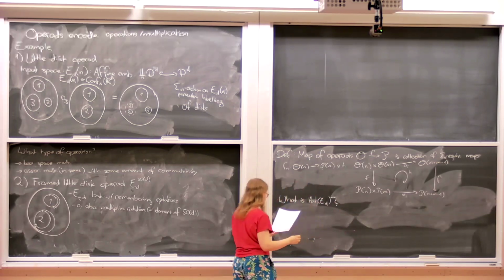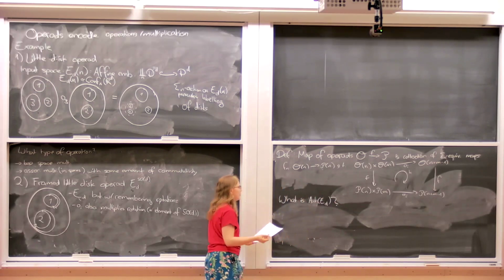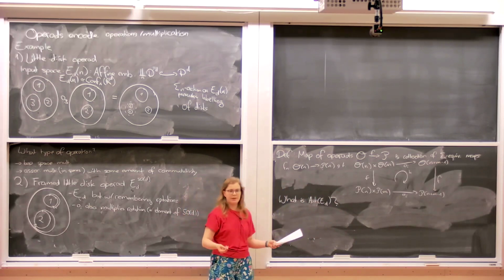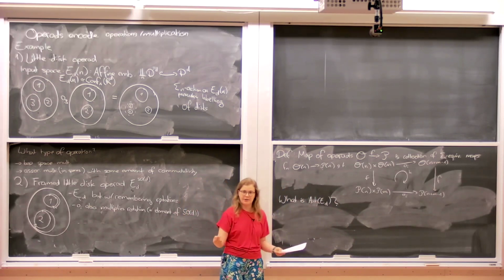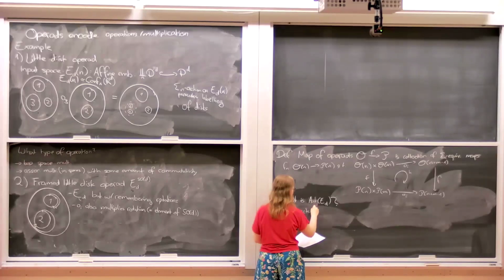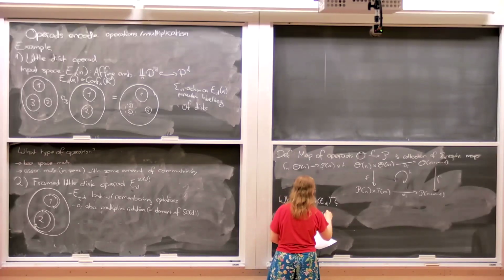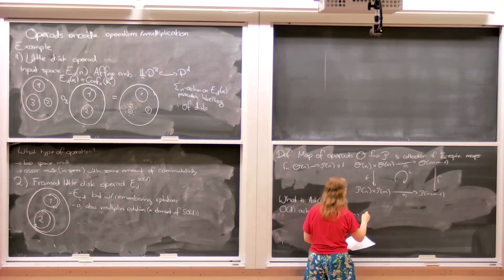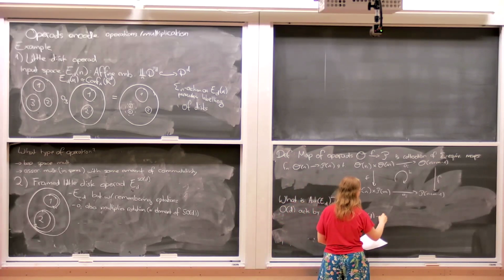So let's look at groups acting on the little disk operad to see what we can compare it to. O(d) acts by rotation on E_d. So we have a map like this. This is maybe not so surprising.